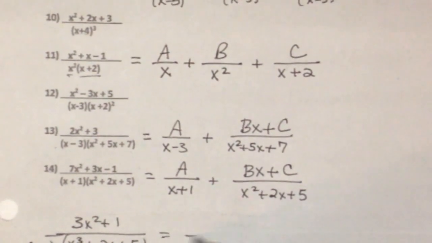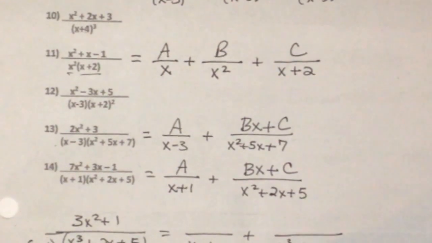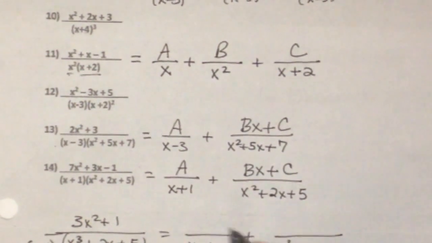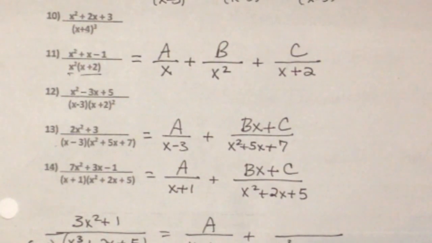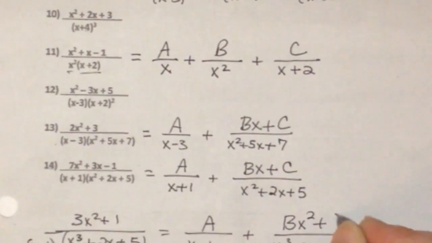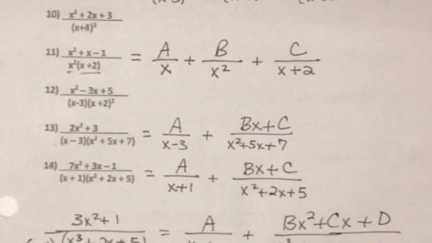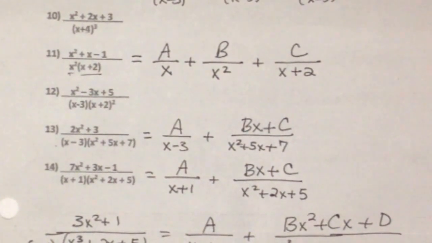We would rewrite this into something over x minus 1 plus something over x cubed plus 2x plus 5. Okay. 1 degree less than 1 is a constant. 1 degree less than 3 is degree 2. Here we would have bx squared plus cx plus d. I don't expect we'll see anything that big, but that's the pattern you would follow when you're doing partial fraction decomposition.